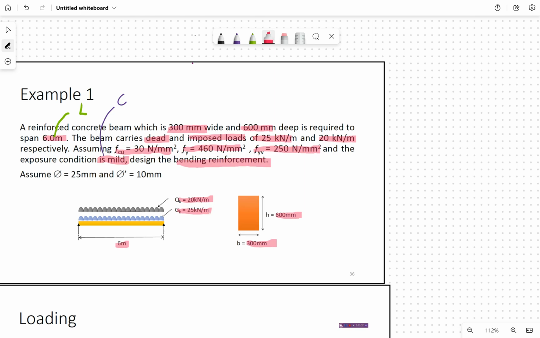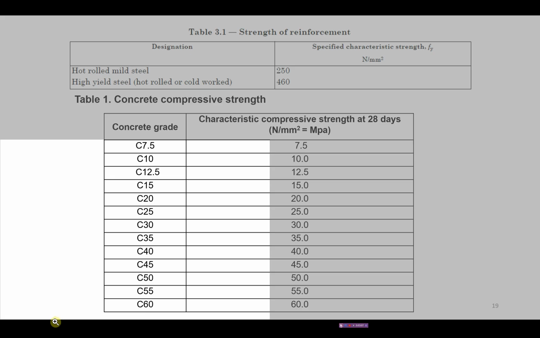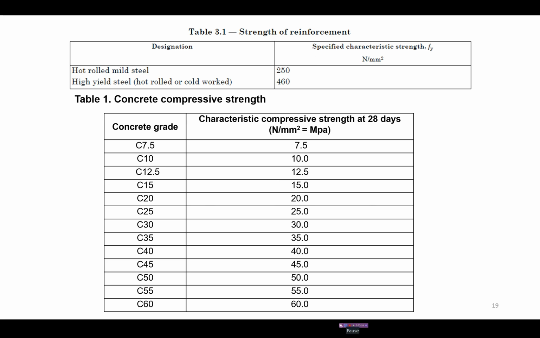FCU 30 Newton over mm square, meaning that kalau kita refer to the jadual concrete, which is here, concrete grade, it says here, and if you look at this, you akan nampak lah when it says that the FCU is 30 Newton over mm square, it means that the strength at 28 days curing.